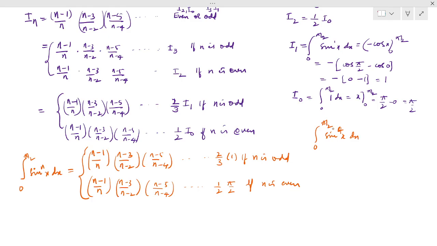What is the answer? 4 is an even number, right? Substitute here: n is 4, 4 minus 1 is 3, divided by n, which is 4.